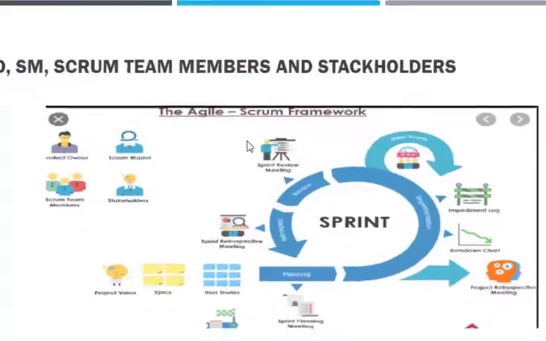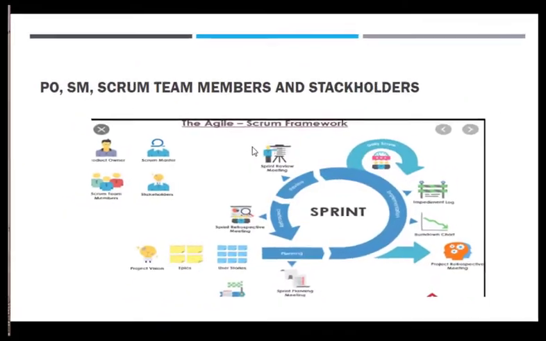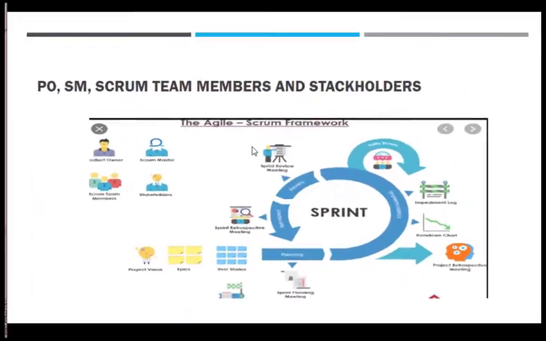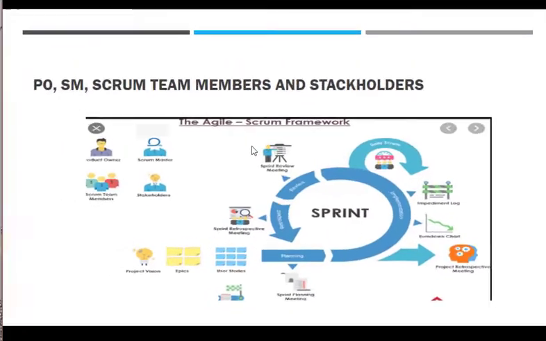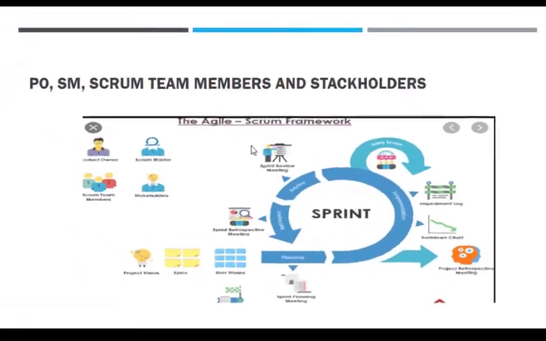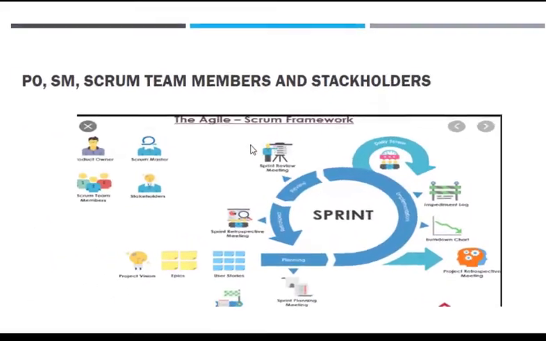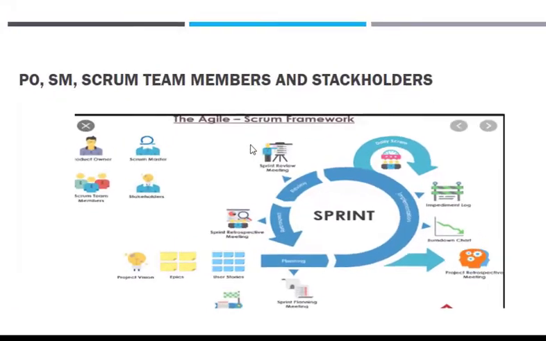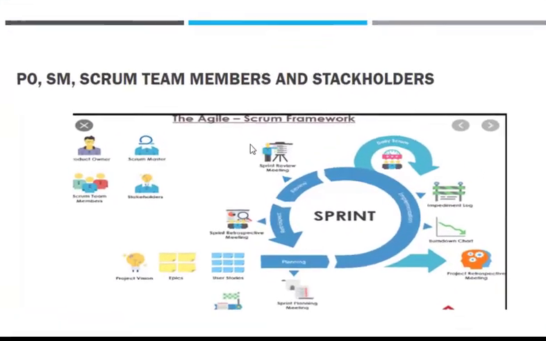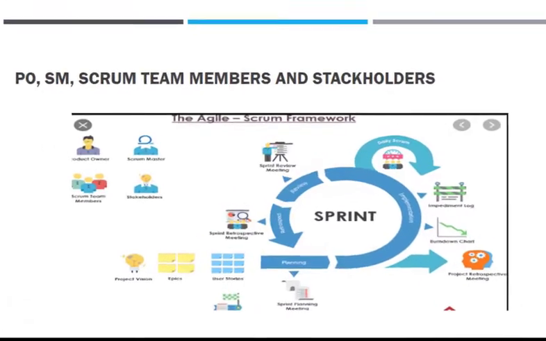Next slide. So here is the PO, product owner, Scrum Master, team members, and stakeholders. These are the key members of Scrum. So this is the diagram, the sprint method.